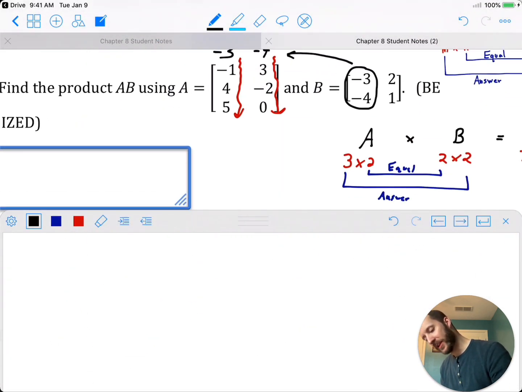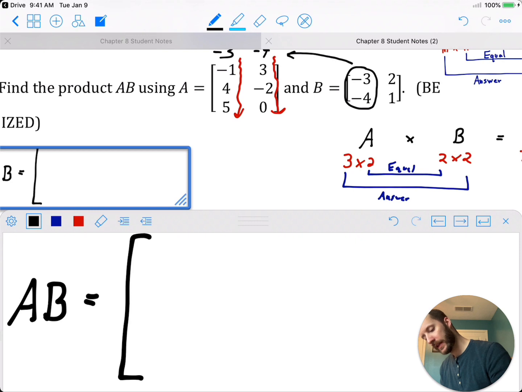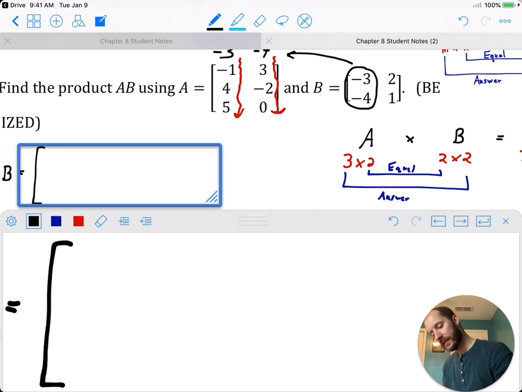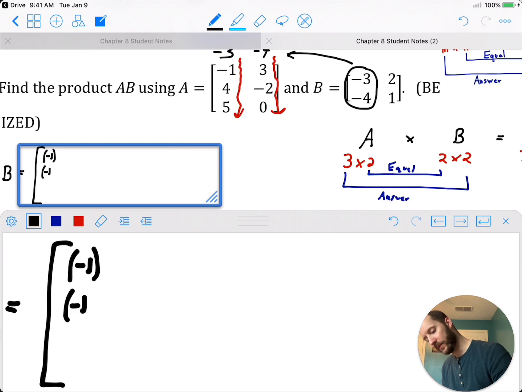So we have matrix AB, and that's going to equal -1, -1, 4, and 5.